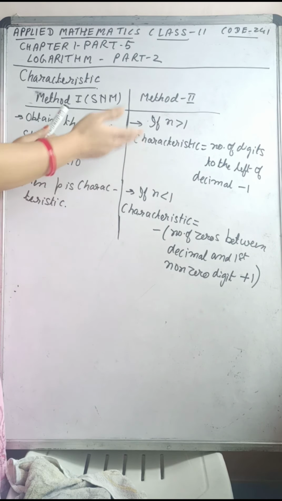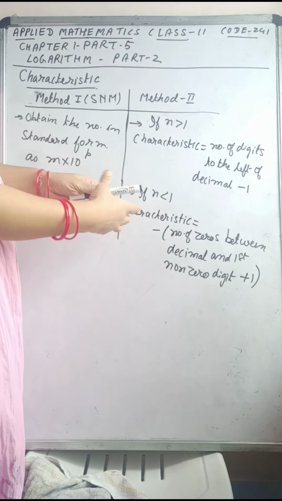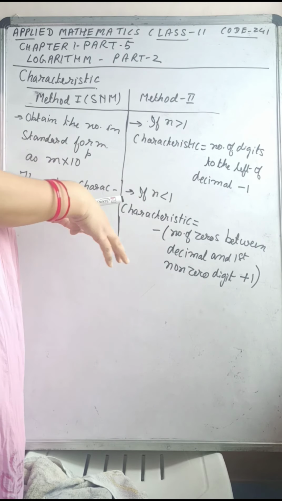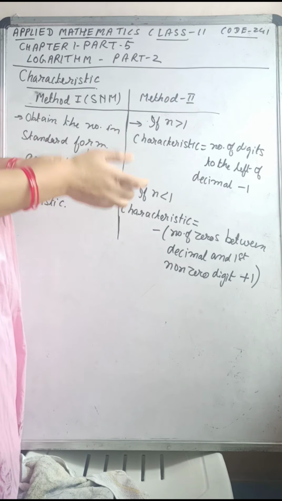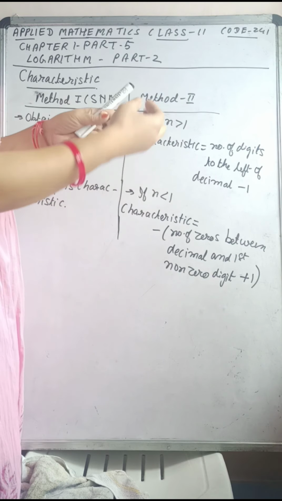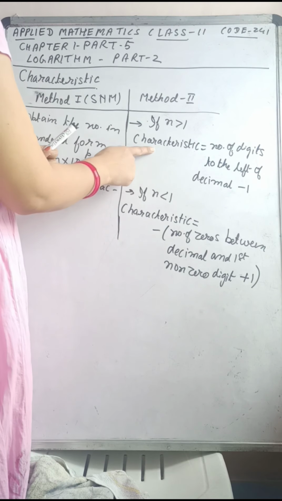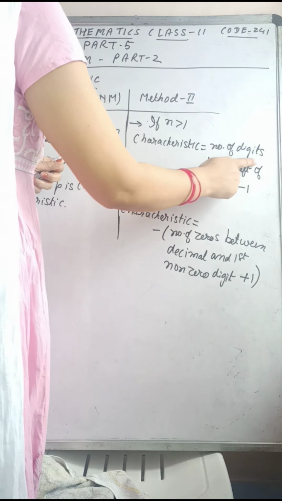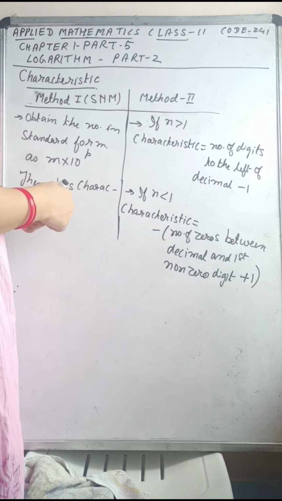Now method 2. This we can see by inspection also, when we see a particular number, by seeing the number we can write the characteristic. In this method, if n is greater than 1, I mean the value is not purely a decimal number, then characteristic equals the number of digits to the left of the decimal minus 1.